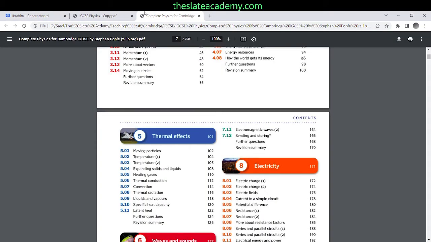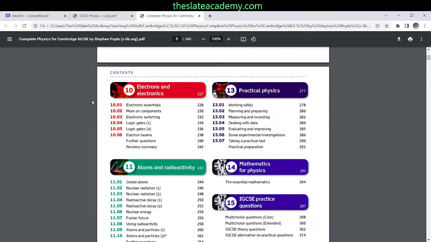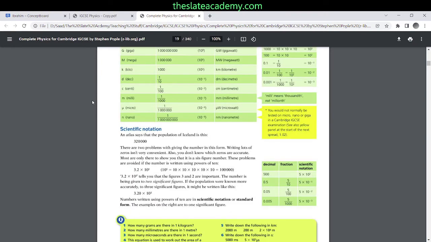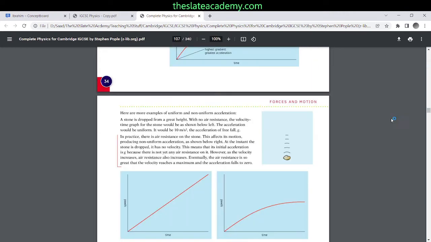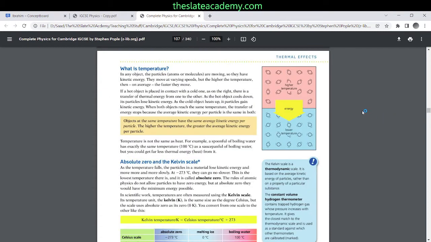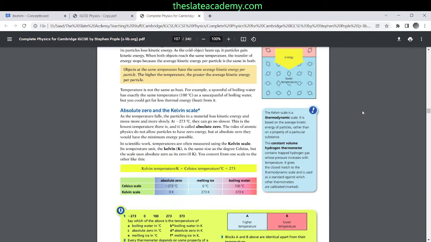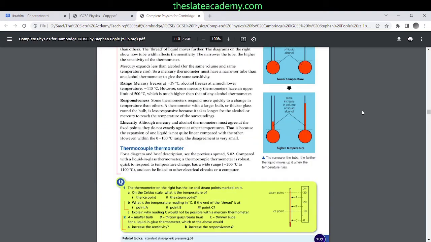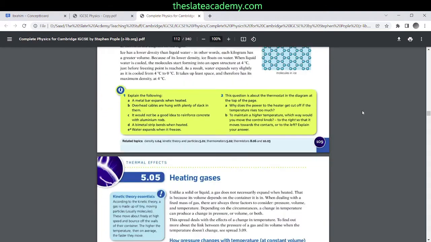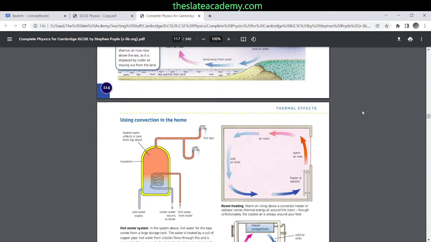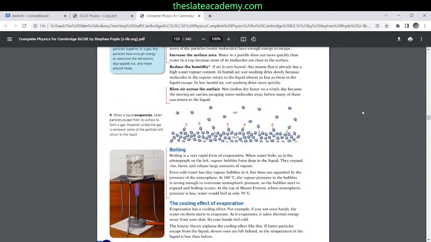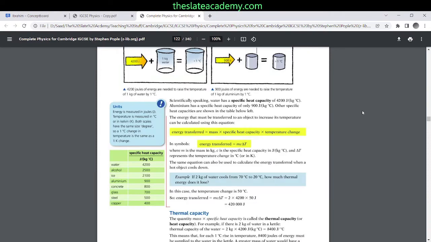In your book, in chapter 5, I think they also use the symbol Q. Just a second. Anyhow, moving on.